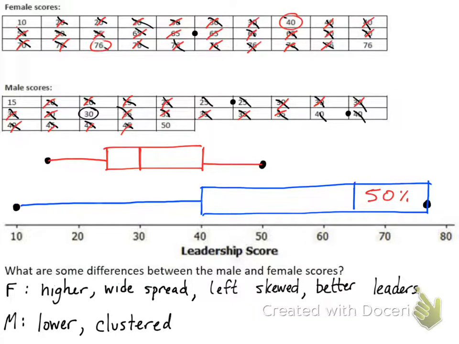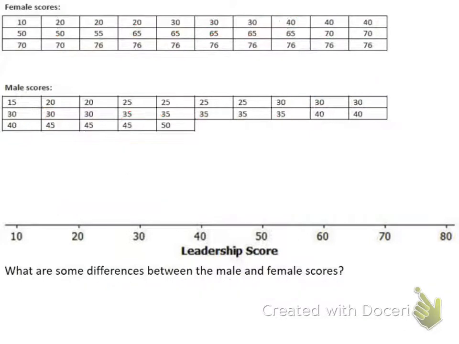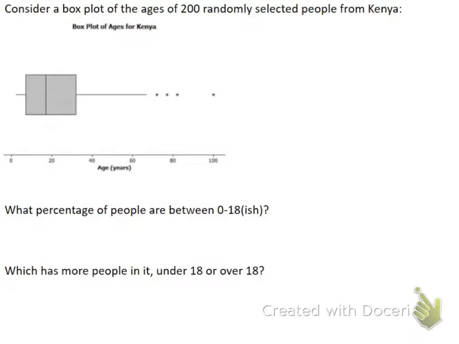Again, you've got half of your data between 25 and 40, 3/4 of it between 15 and 40. So it's more clustered together. I'm not going to say it's symmetrical, but it's more symmetrical than the other one. So it's not skewed one way or the other. It looks fairly balanced.